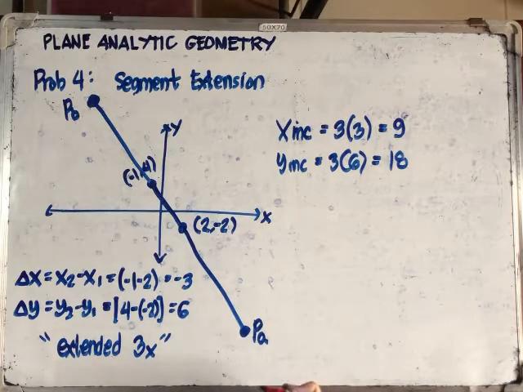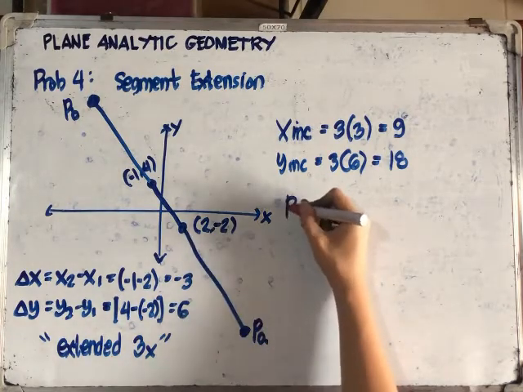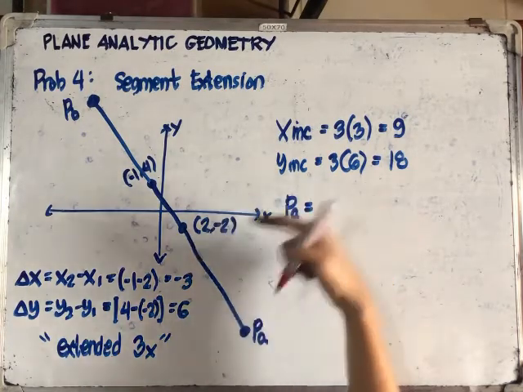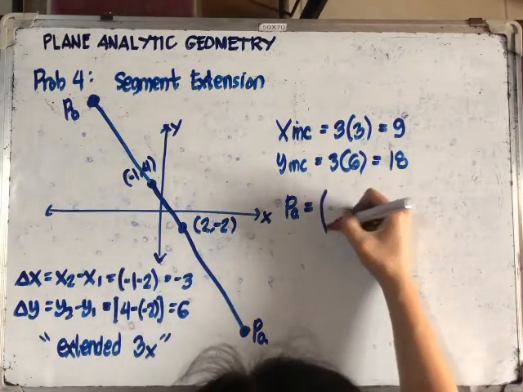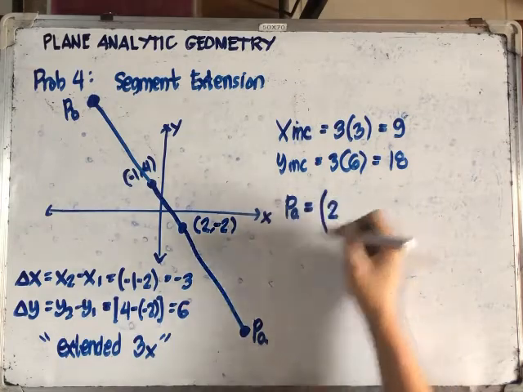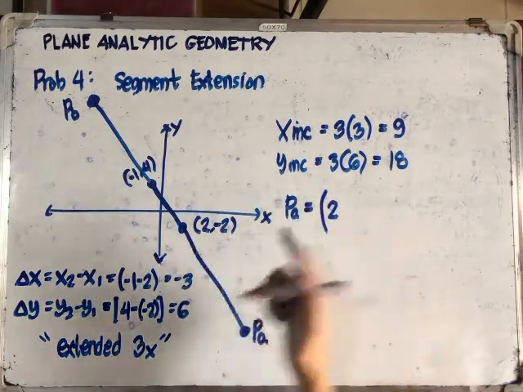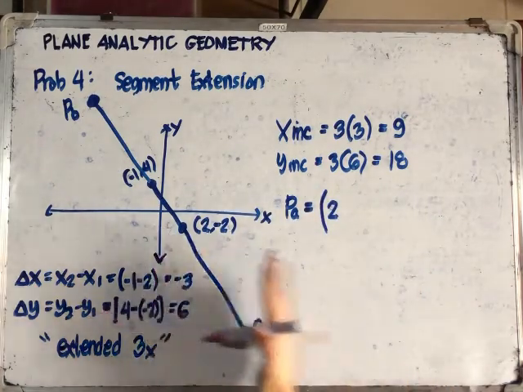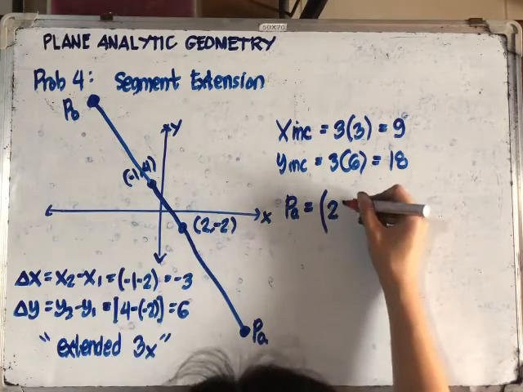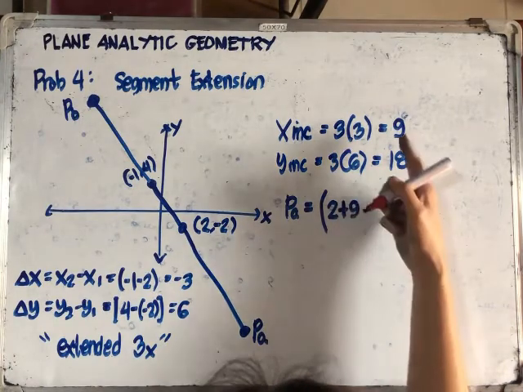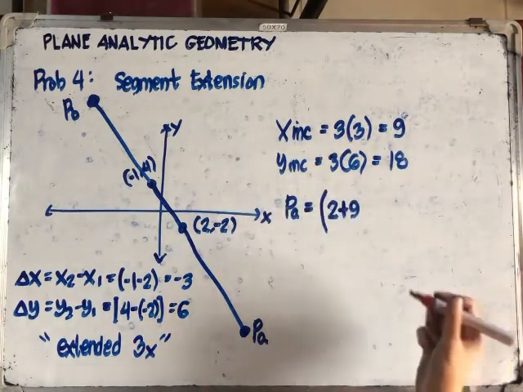Otherwise, magiging negative yun. So, considering our PA, dito natin siya i-refer because this is the point nearest to PA. So, that is 2, yung original x niya. And from this position, papunta tayo sa right going to PA. So, that's plus on the x side. So, mag-add tayo ngayon ng 9 because that's the increment na expected natin.